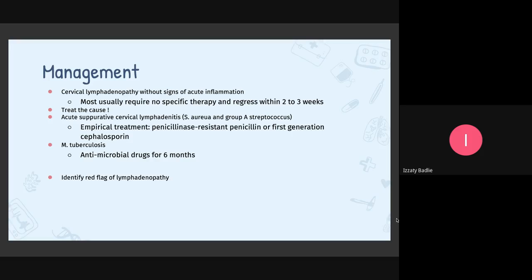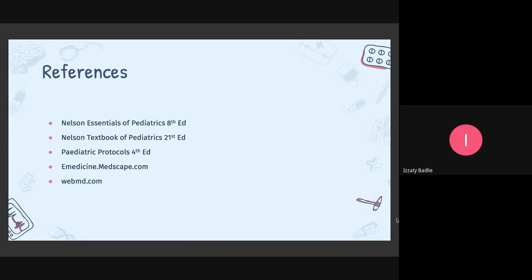And for Mycobacterium tuberculosis, we can give antimicrobial drugs for 6 months. These are examples of treatment for the cause. First and foremost, we need to identify the red flags of lymphadenopathy. So I think that is all for lymphadenopathy.